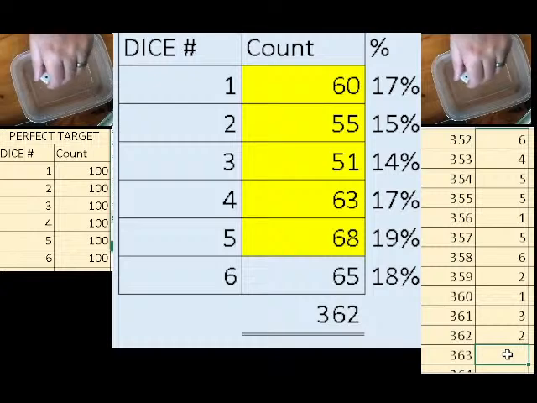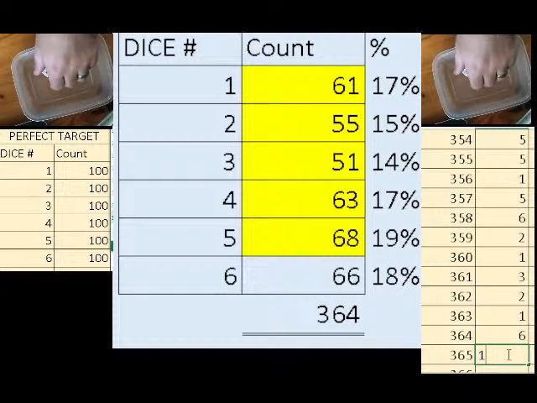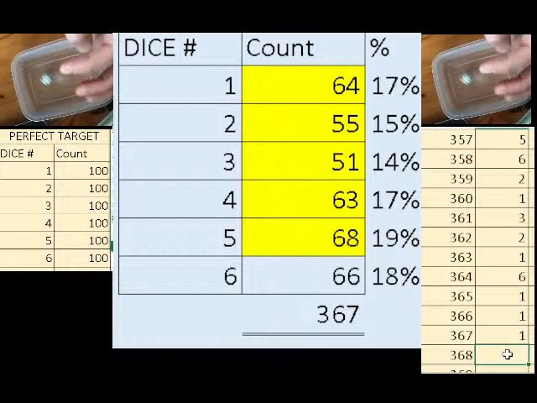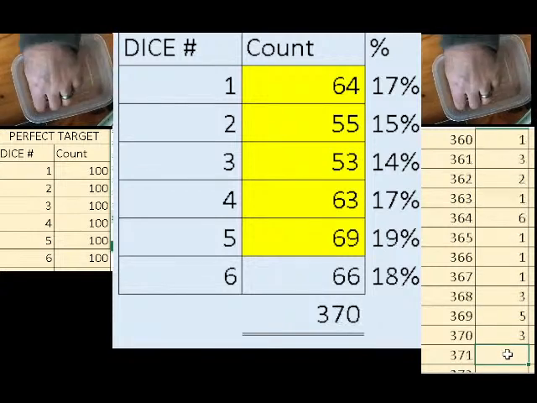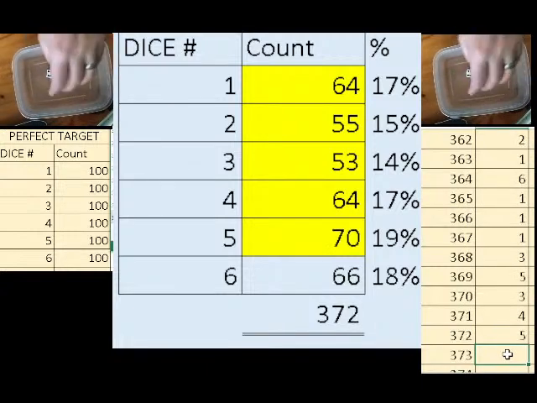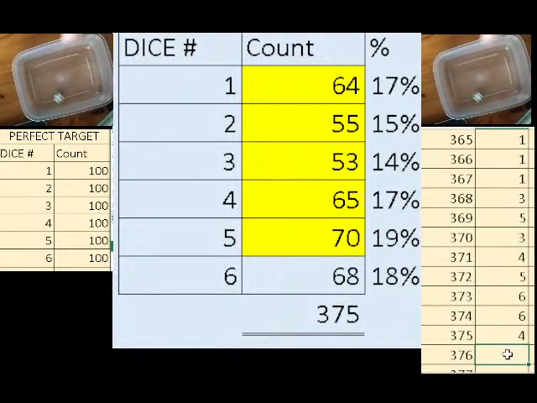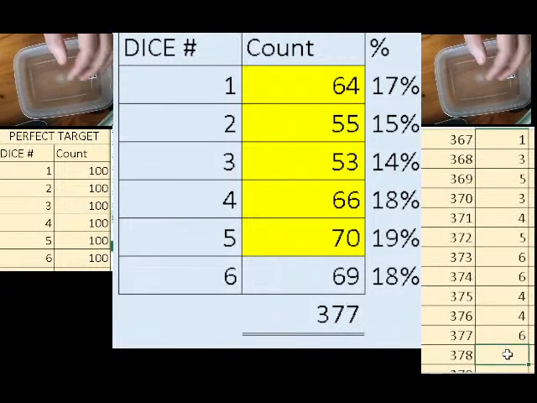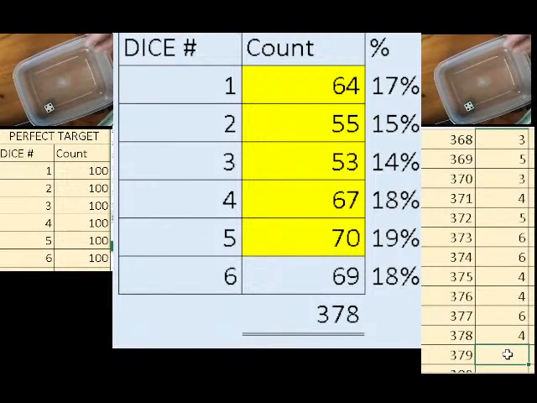Oops, that was a 1. Of course, sometimes we want to throw as wild as possible. That's why we're sometimes losing the dice. Oh, come on, sorry.